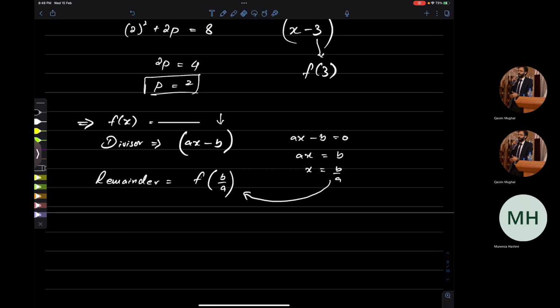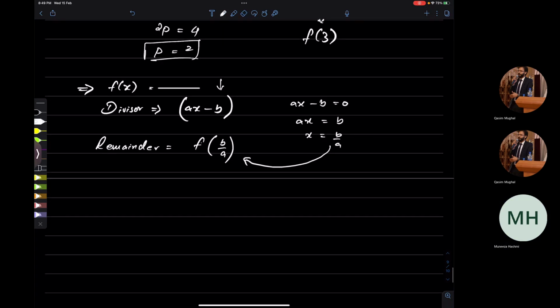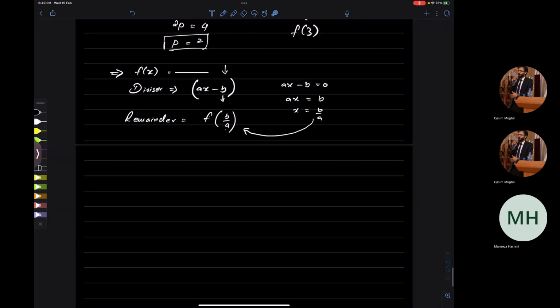So either you can just remember, whenever you get something of this type, change the sign of this b, that's positive, and make the a the denominator. All right.